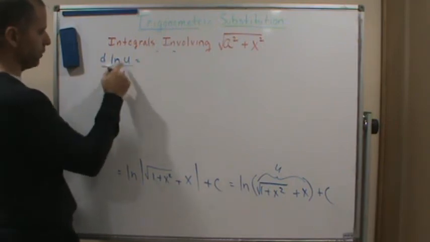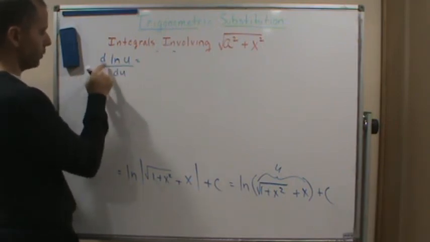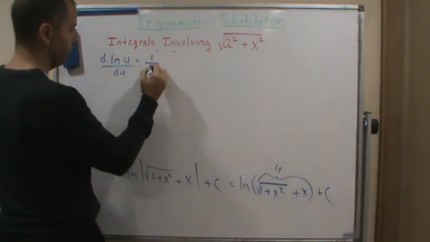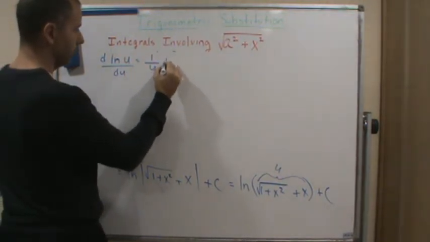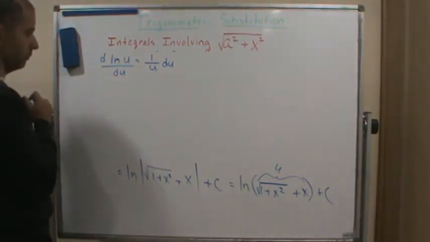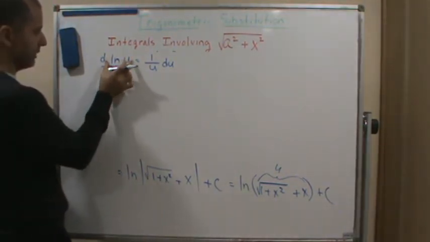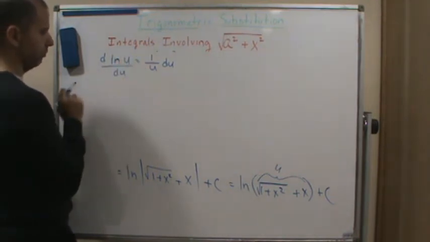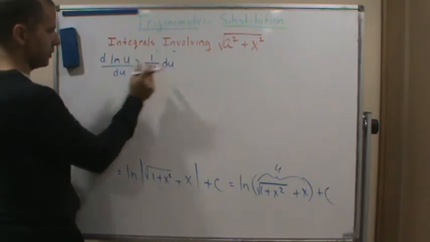When we take the derivative of the natural log of u with respect to u, we get 1 over u du. Right? Because we have to take the derivative of the natural log, which is 1 over u, times the derivative of the inside, which is du.